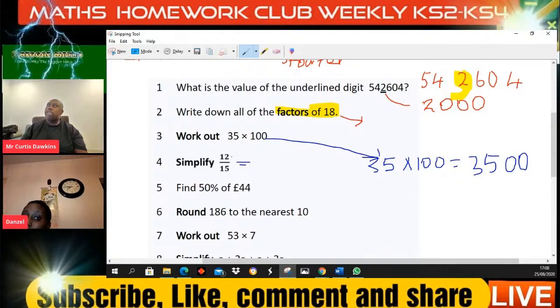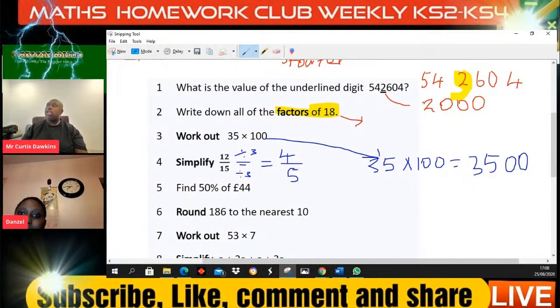This one here, simplify. So we need to find a number that can go into 12 and go into 15. So that number, divided by 3. Okay? So 3 into 12 goes 4. And 3 into 15 goes, how many times can 3 go into 15? 5.